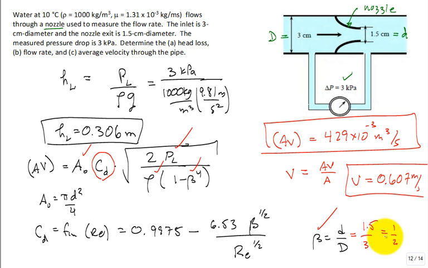Beta's done, but we don't know the Reynolds number because we don't know the volumetric flow rate and the velocity. So guess C sub D close to 0.95. Oh, what did C sub D converge to? C sub D converges to about 0.9 something. 0.96. Okay.